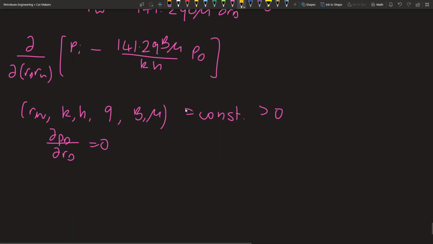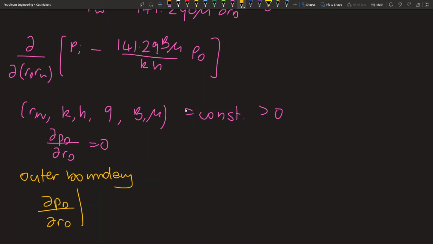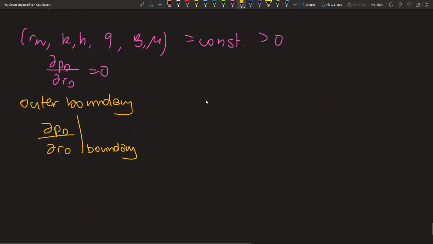Finally, we know that this is happening at the outer boundary where we have no flow. So this is dP sub d over dr sub d at the boundary. The boundary is defined as r sub e. This is the extent of the reservoir.